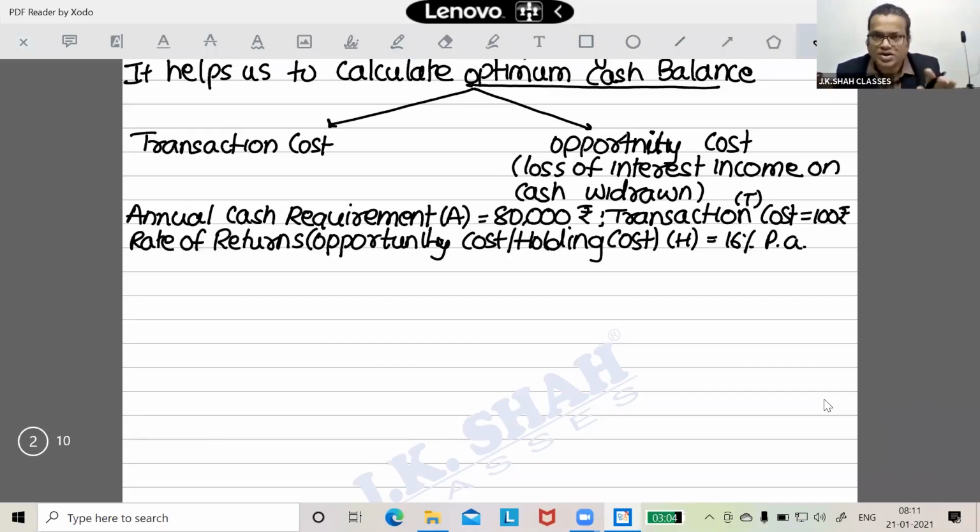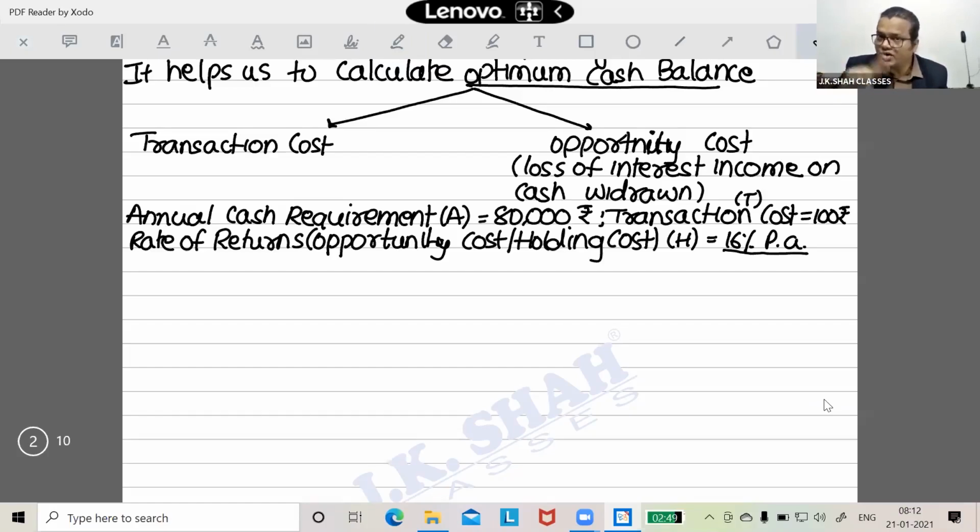Annual cash requirement: you understood that the person needs 80,000 rupees for the whole year. Transaction cost is 100 rupees: one time he goes to the bank to withdraw the money and comes back, he spends 100 rupees. The rate of return is 16% per annum: whichever bank or financial institution he has kept his money in, they have promised him 16% per annum.